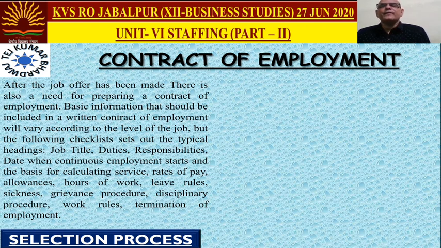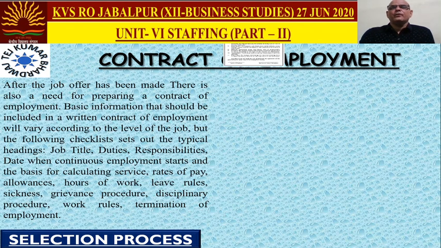The contract of employment is a kind of contract having all the terms and conditions of the job, which employer and employee both have to follow, or they are binding upon both. So what are the general contents of the contract of employment? It is about salary, the nature of work, the types of leaves he can avail, retirement benefits, what kind of rights he has, and what kind of duties he has to perform.